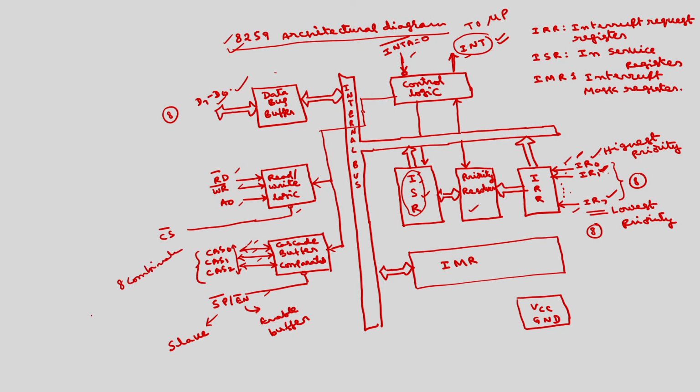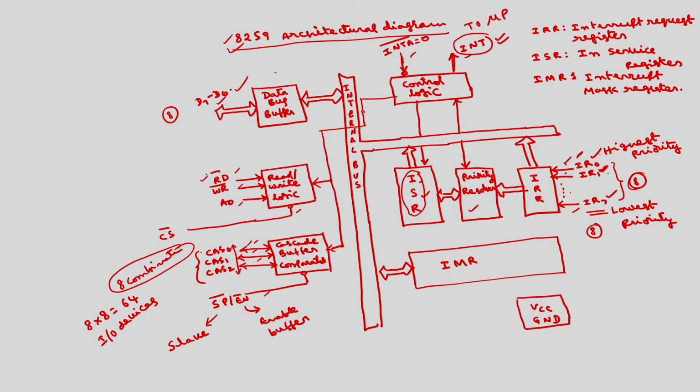So totally 8 into 8, 64 IO devices can be connected in cascade mode, because of these 3 bits giving 8 combinations, and in each combination we have 8 different signals.